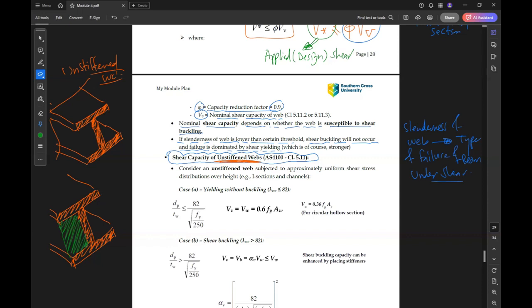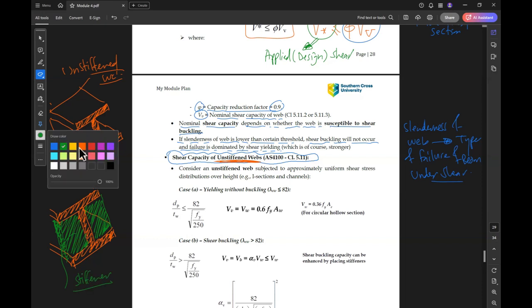The stiffeners are vertical plates like that, repeated at each distance. This will help the web to resist the shear. So the green plates are called stiffeners, and this web type is called the stiffened web.